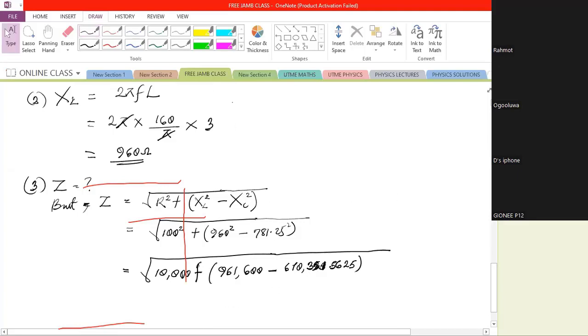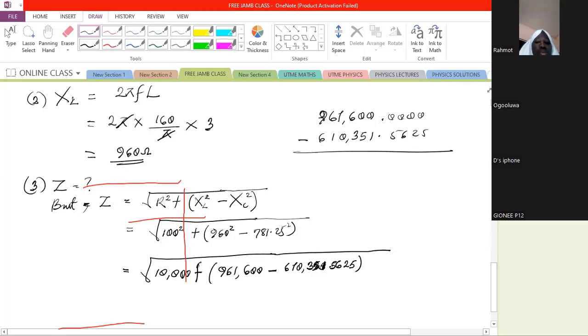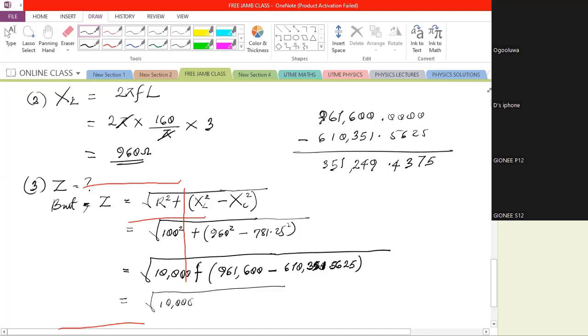I'll subtract here directly so that it won't waste our time. We have 961,600 minus 610,351.5625.